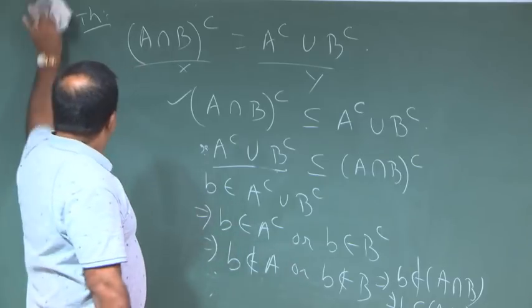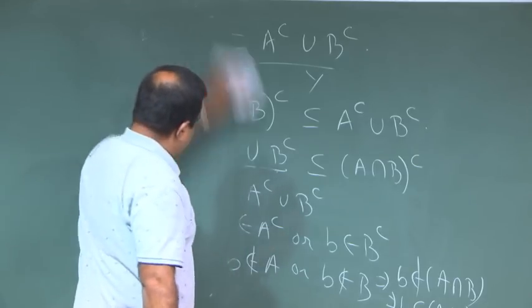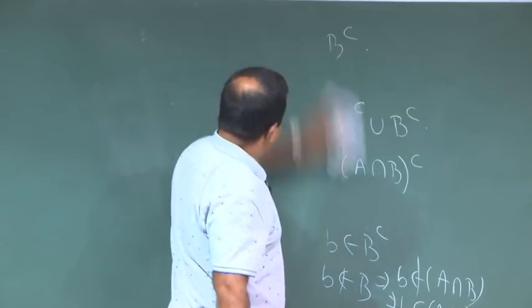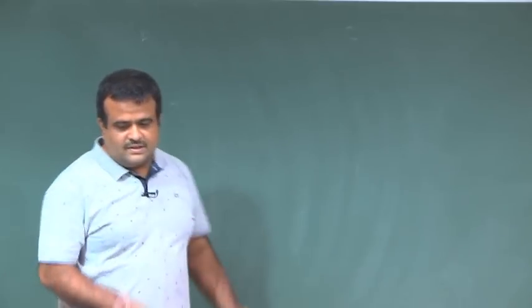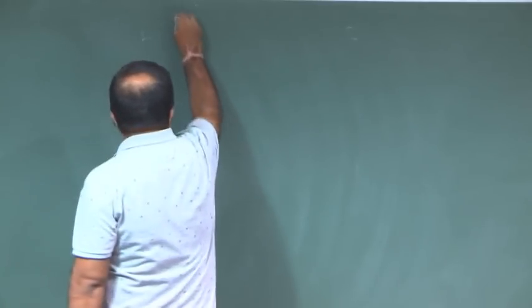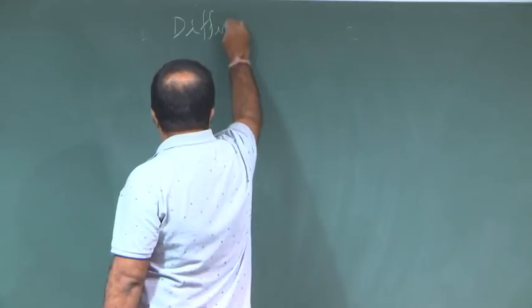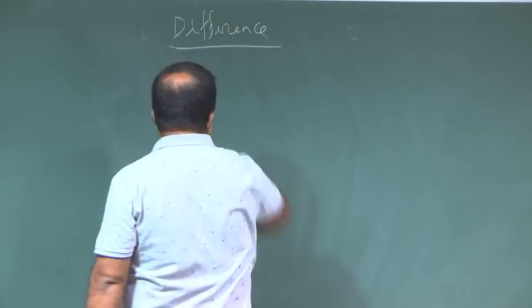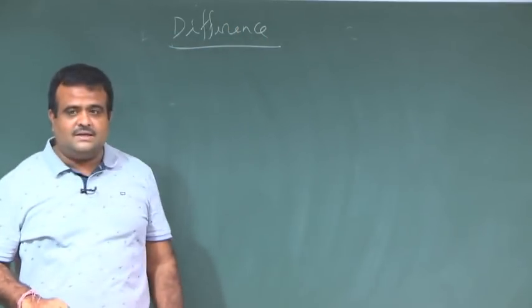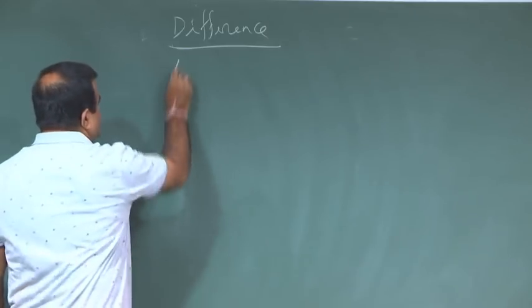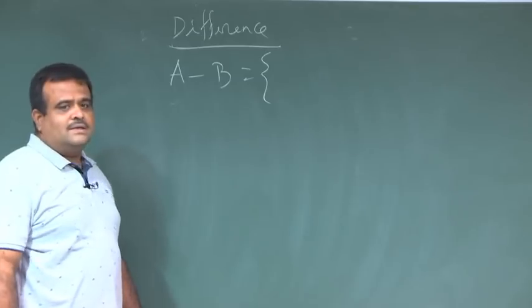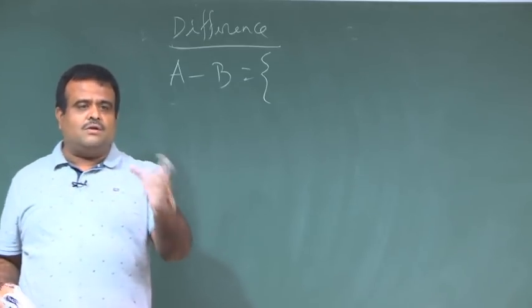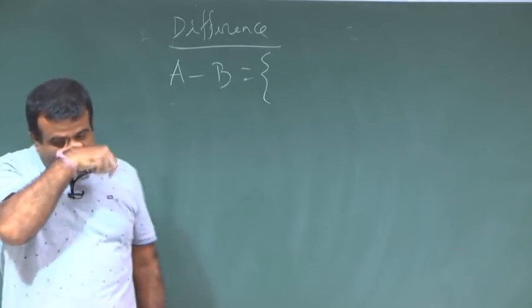Now, we will define two more operations on sets. The first one is the difference operation of A and B, and it is denoted by A minus B. If we take two sets A, B, A minus B is basically the set of all elements which are in A, but not in B. Okay.